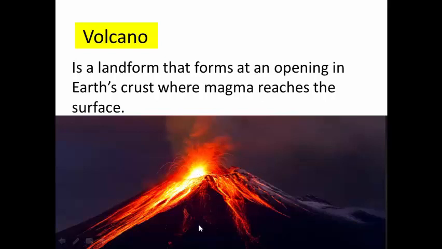We know that we have molten rocks inside, and these molten rocks go upward and come to the opening and erupt. When it erupts, it oozes out of this volcano. It's a landform that forms at the opening in the Earth's crust where magma reaches the surface.